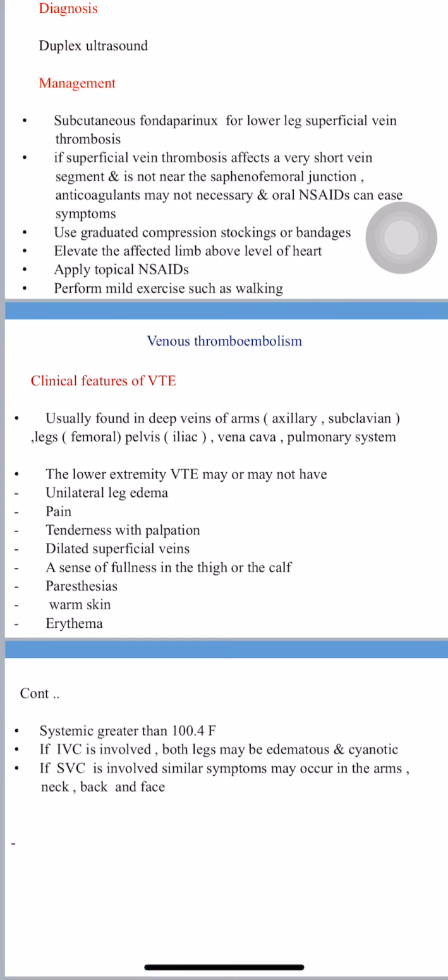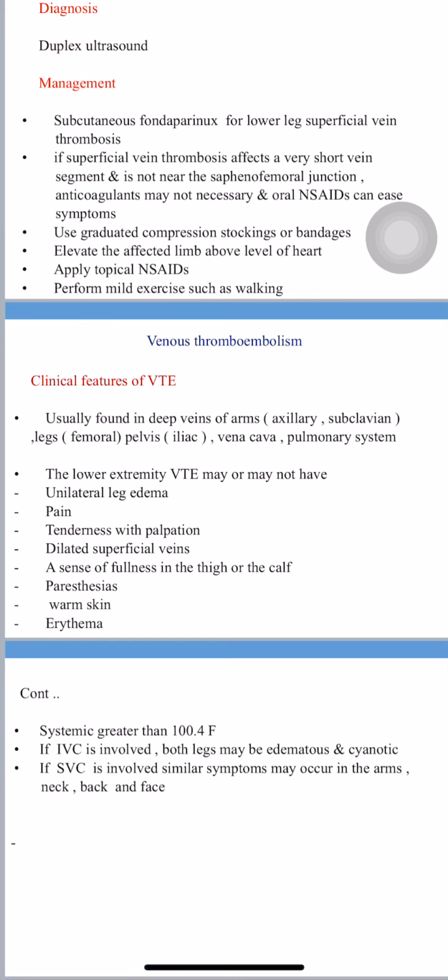Next, elevate the affected limb above the level of heart. Next, apply topical anesthetics. Next is perform mild exercise such as walking. So this is about the superficial thromboembolism.